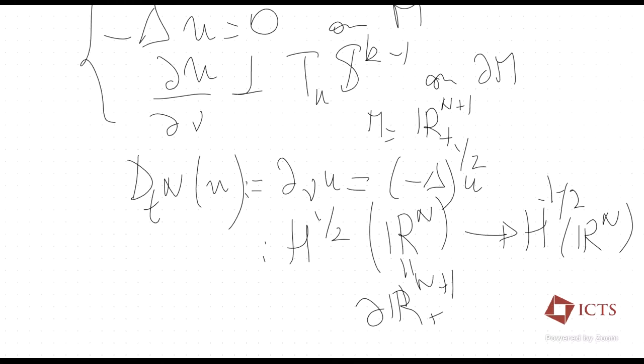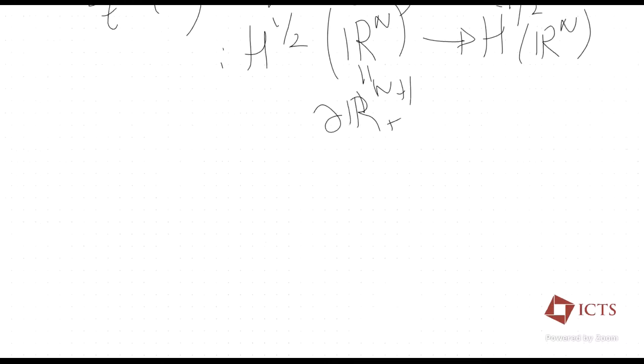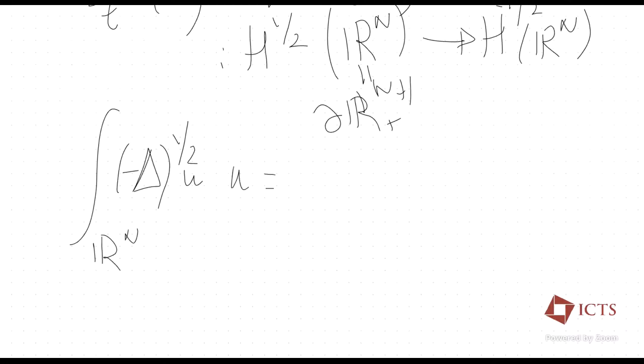So, using that, I use the fact that the Laplacian to the 1/2 comes as the Euler-Lagrange equation of the H^(1/2) semi-norm.